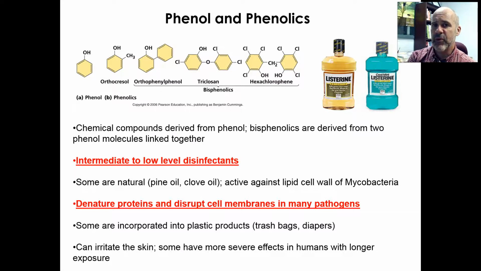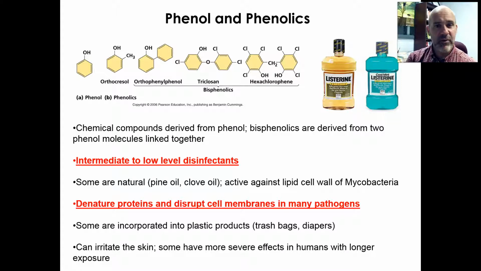In fact, it's being used so much that, as we just learned, bacteria and other types of microorganisms are good at mutating, and they can become resistant to things that we expose them to. And sure enough, that's what's happening. There's a lot of triclosan resistance developing in bacteria. Because of natural selection, the more we keep using triclosan, the bacteria that are sensitive to it die off.